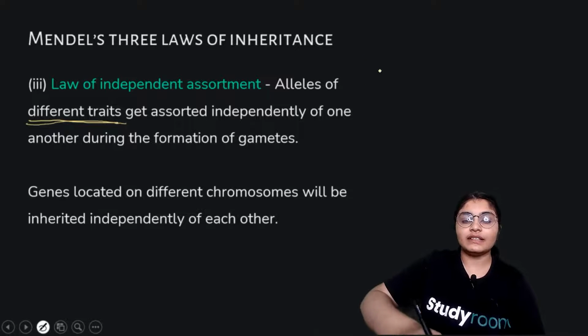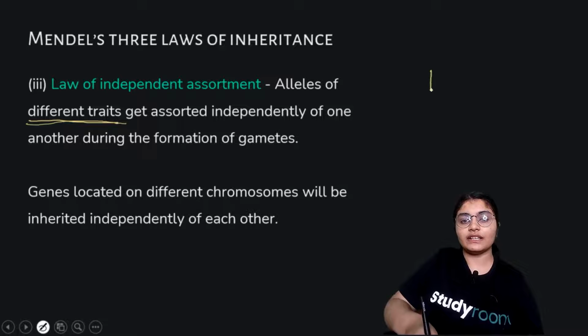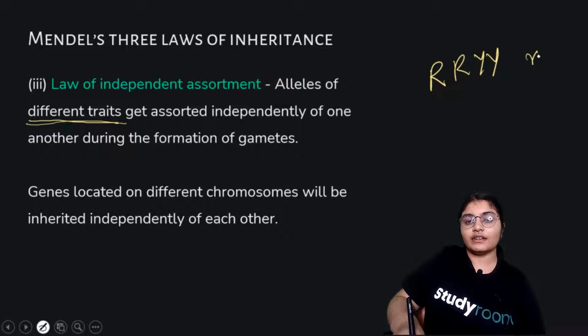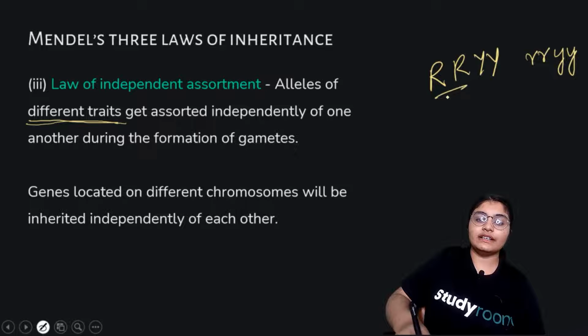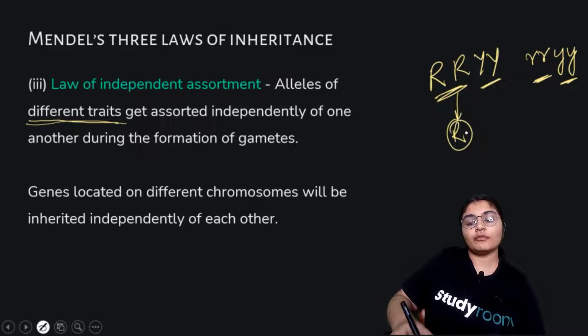That means, in the dihybrid cross, we saw that there was round, yellow, wrinkled, and green. So this trait is different, this trait is different, this trait is different, this trait is different. Now how will these alleles be segregated? We'll have one gamete from here, one gamete from here, one gamete from here, one gamete from here.